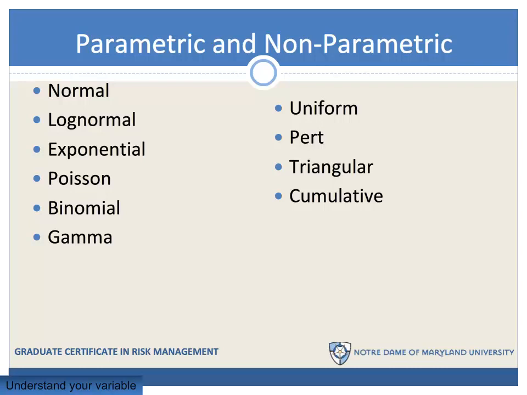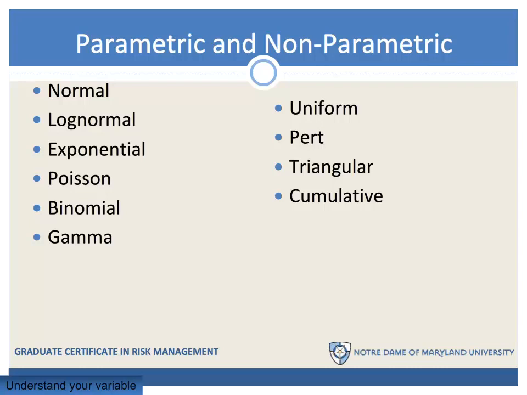On the right, we have some non-parametric distributions. This is the uniform, the PERT, the triangle, and that cumulative, the empirical distribution that we talked about at the beginning. So we're going to look at parametric and non-parametric distributions here in just a second. So perhaps we should review briefly this idea of a parameter. A parameter is a constant. It would be a constant in nature.